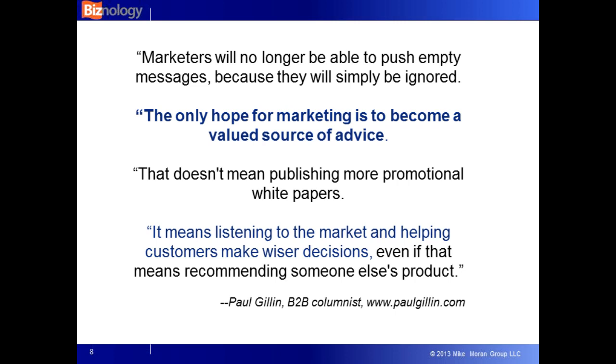And so our mission needs to change from sell, sell, sell to more of a helper and a relationship deepener. And in order to do that, we need to be producing content that really helps.